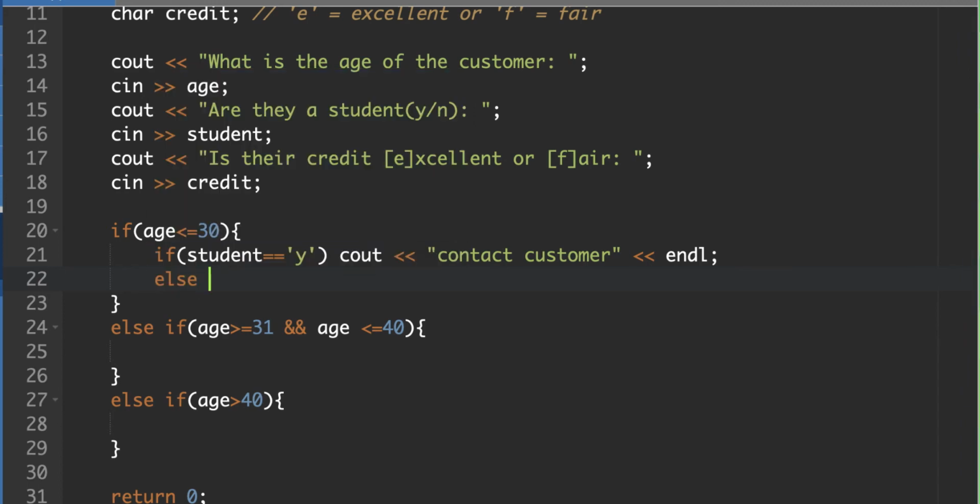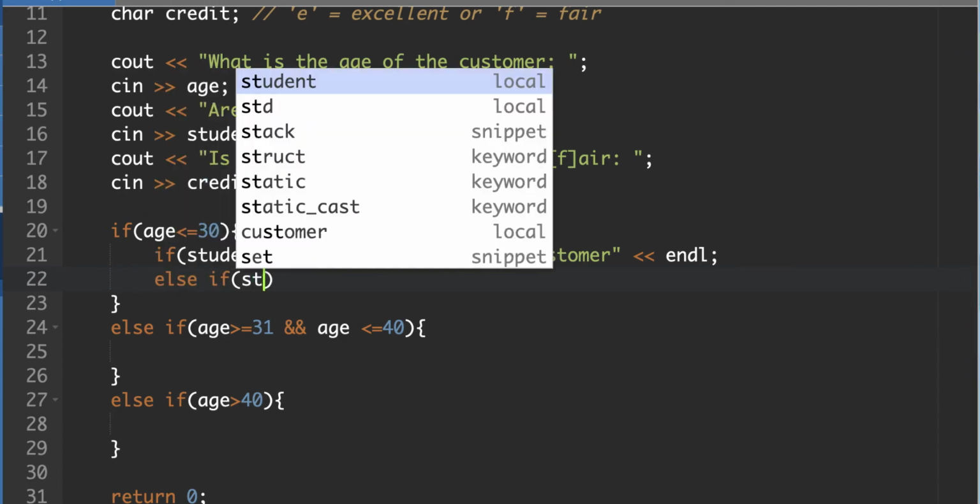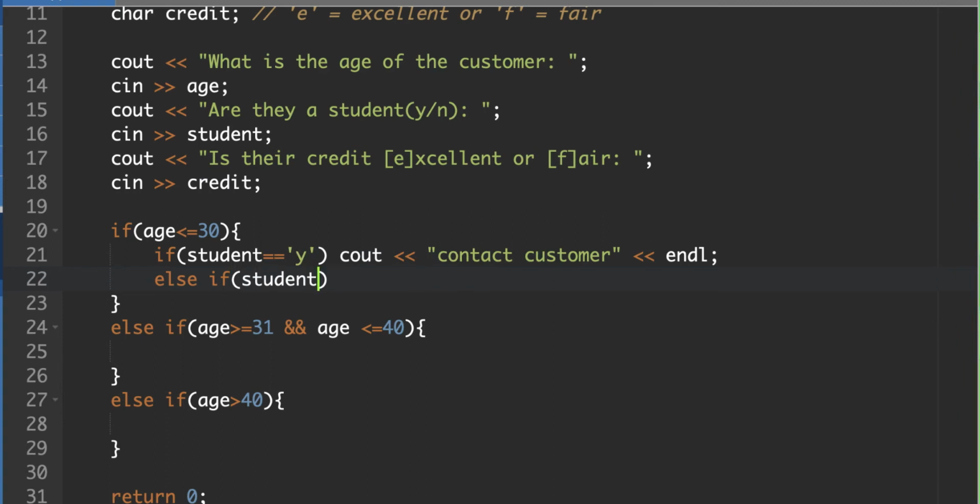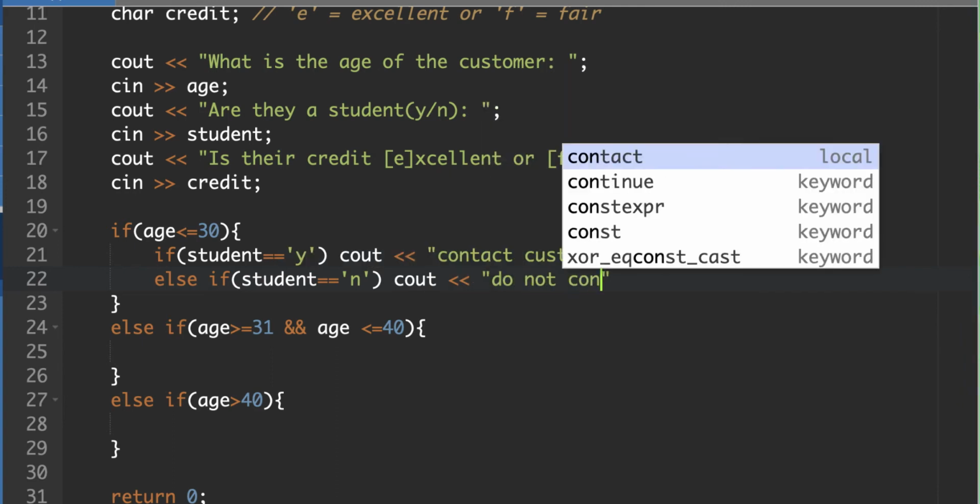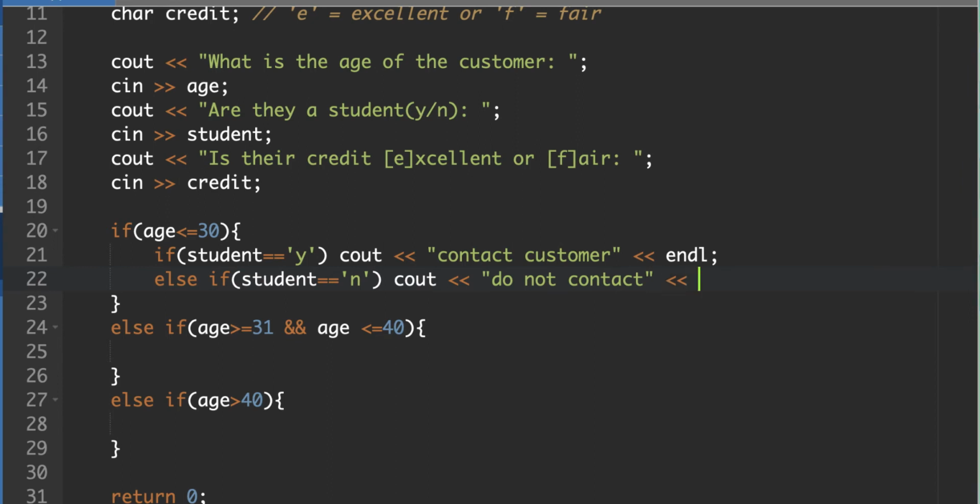Else, if student equals N, then we're going to cout do not contact. We're not going to bother contacting them about this product if they're not a student.